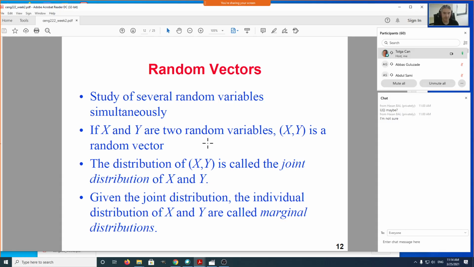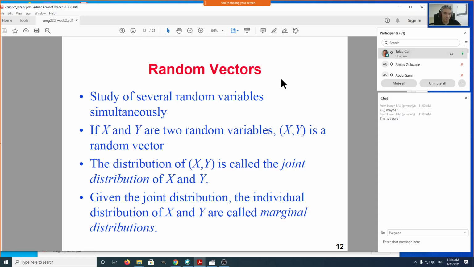A sequence of random variables is called a random vector. We had x1 and x2 in the example, the errors in module 1 and the errors in module 2. They are 2 different random variables, and when we analyze them together, they become a random vector.